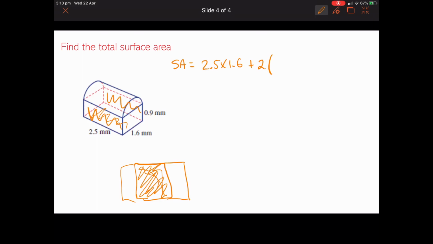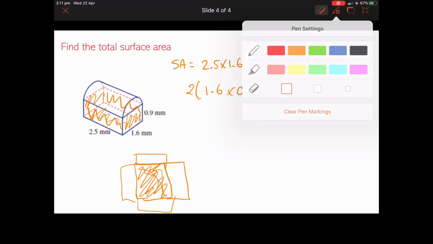So 2 lots of 2.5 times 0.9. And I do need to add on 2 of these bits, the back and the front. So plus 2 times 1.6 times 0.9. Okay, so I've thought about this bottom bit.